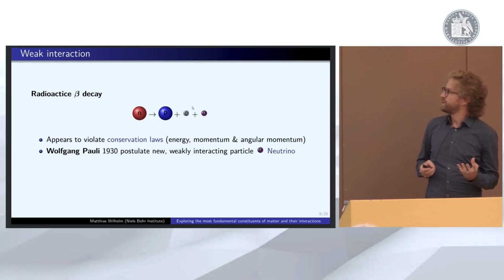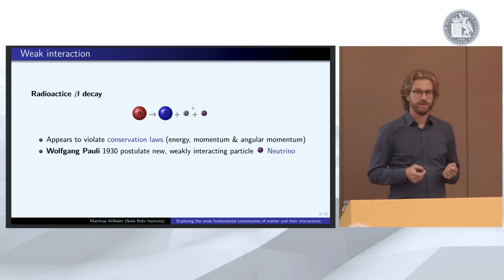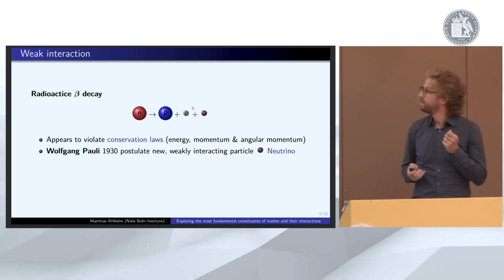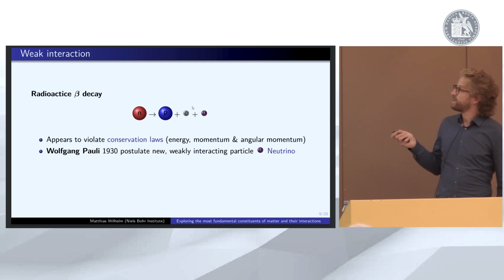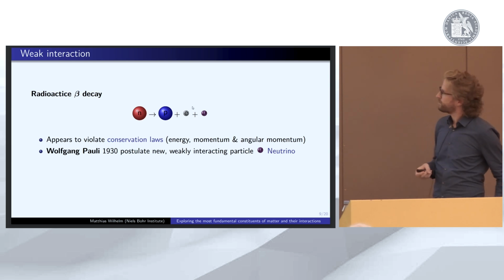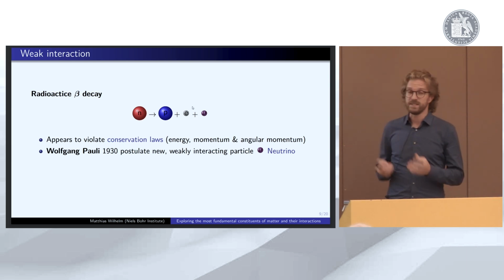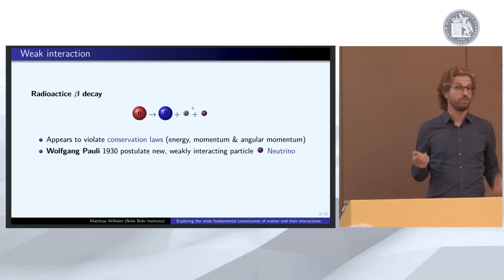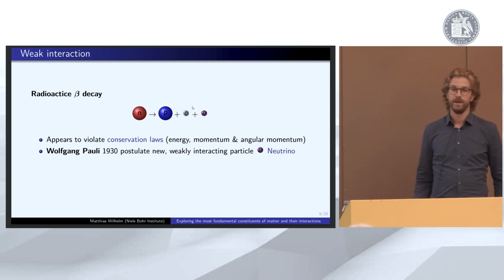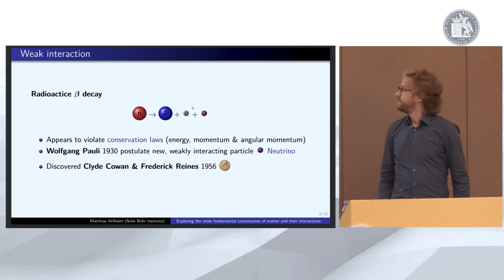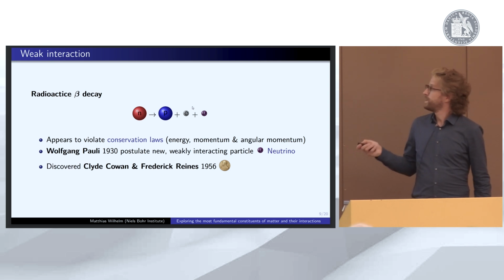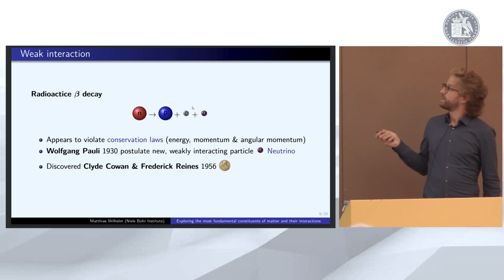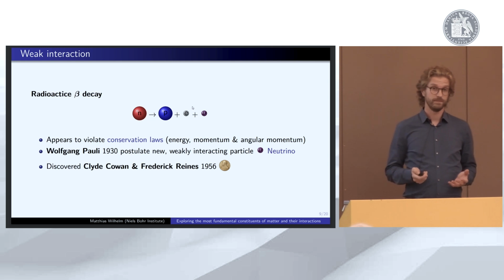But Wolfgang Pauli believed in the conservation of energy, and he postulated that there must be a new particle that carries away the missing energy and which is interacting so weakly with everything else that it has escaped all previous detections. And indeed, in 1956, Cowan and Reines discovered this particle called the neutrino.